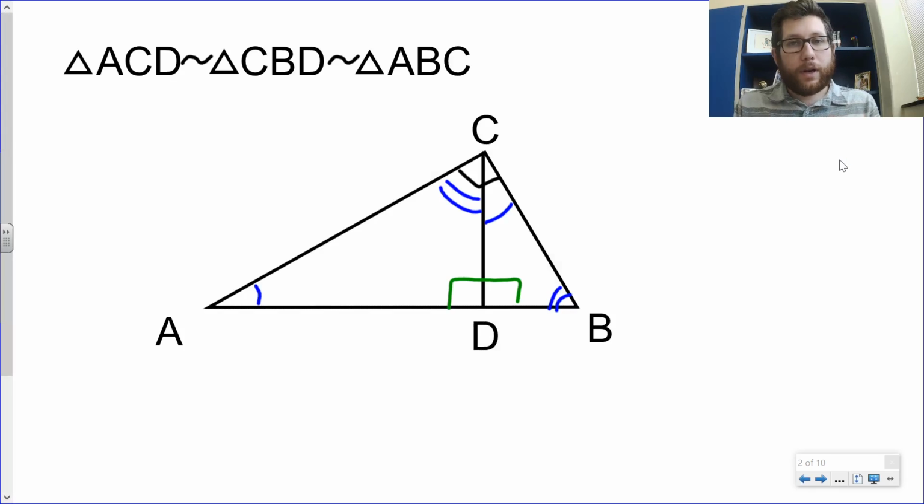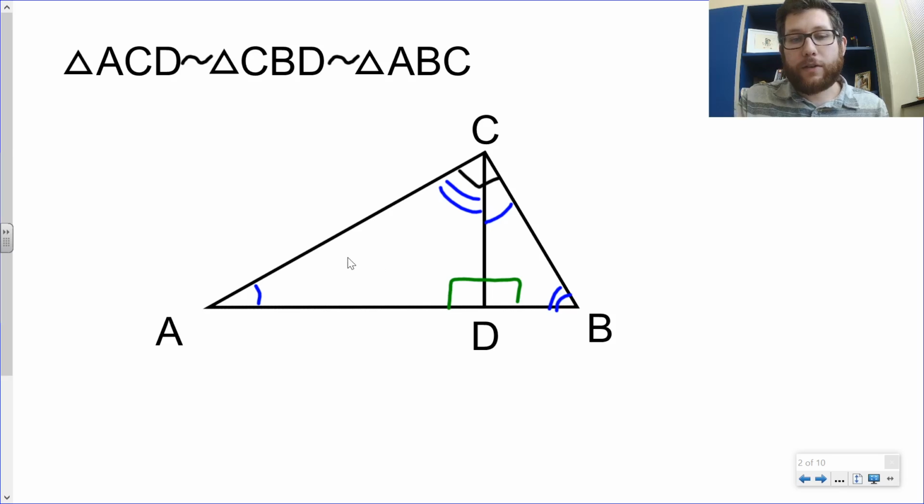So what we're going to look at today is what happens when I have a right triangle and I drop a perpendicular line down from the top. Now all of our triangles are going to look something like this, or be in this format of sorts. So notice what happens here. When I drop this perpendicular line, so I take this guy right here and drop it down, it actually creates two more triangles.